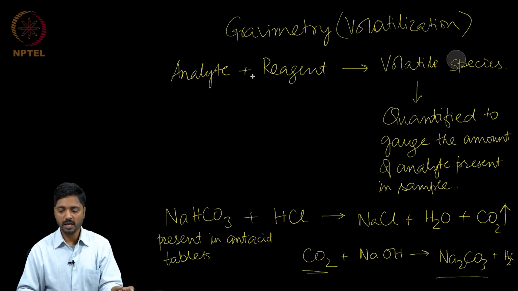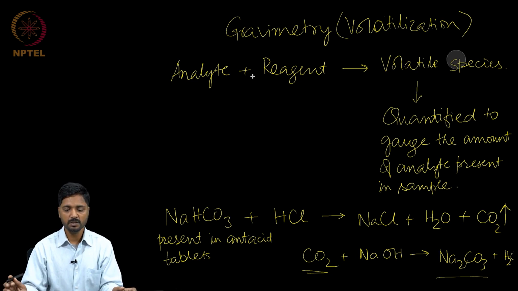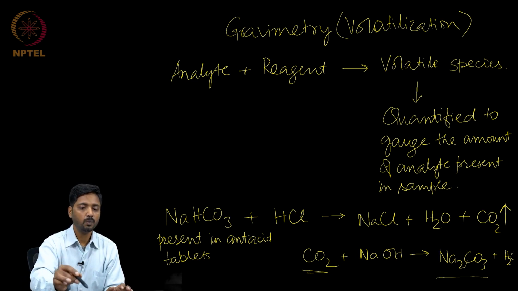So, in the last part of this class, we will be considering how precipitation gravimetry is undertaken for quantifying various analytes such as silver ions present in our solution.